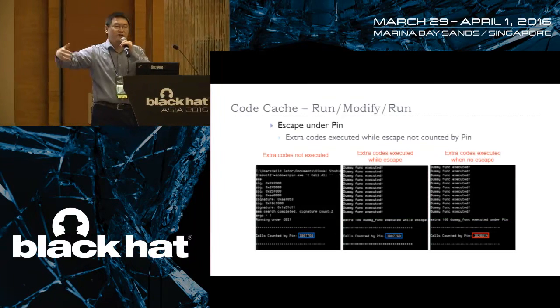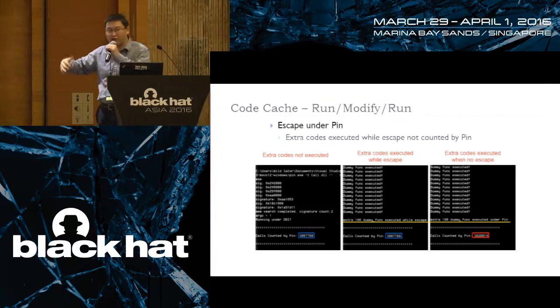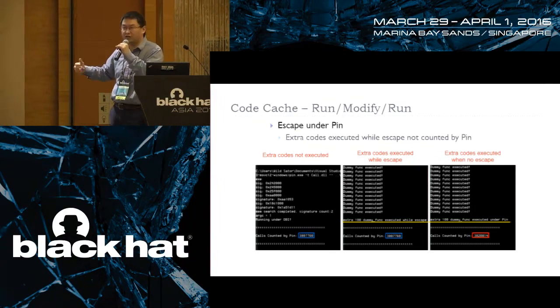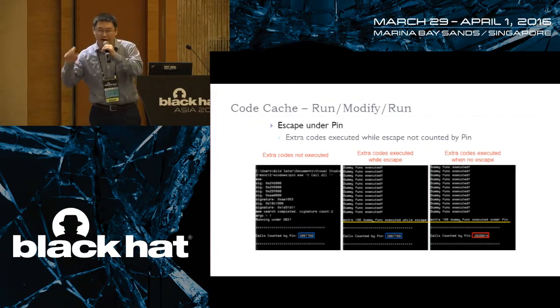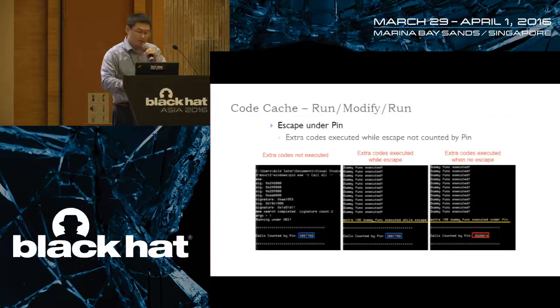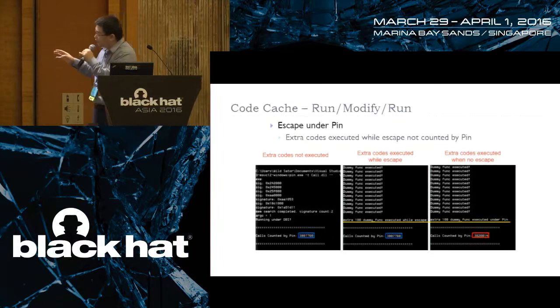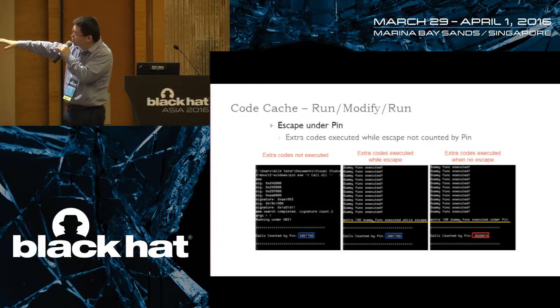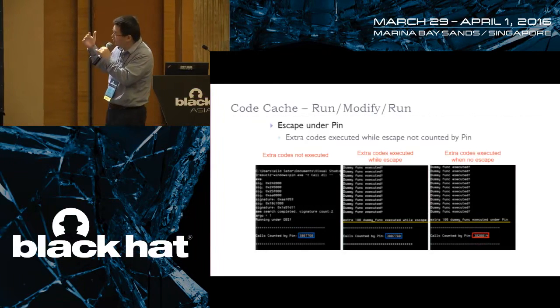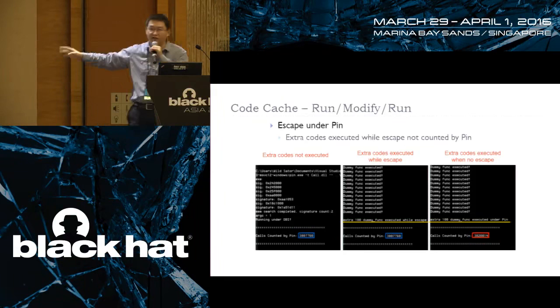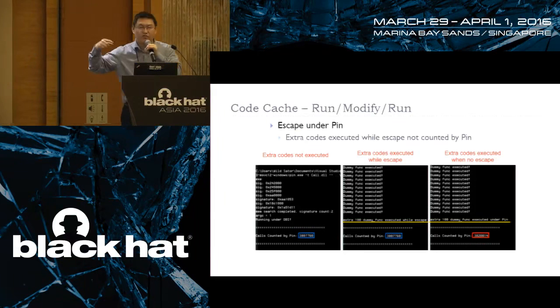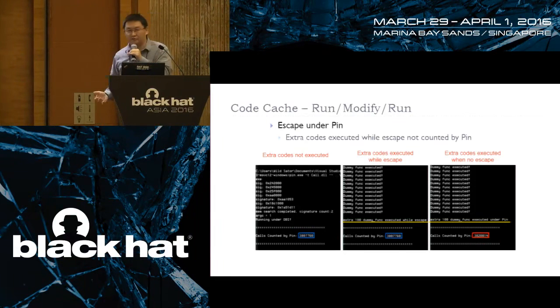Of course, because for every actual code you add, every call instruction will be caught by DBI, and it will add to the counter. But if you do the escape, then you can see you did a lot of extra calls, but the DBI facility cannot catch them because you escaped the environment. It cannot catch that.